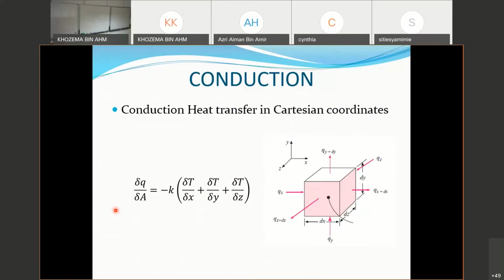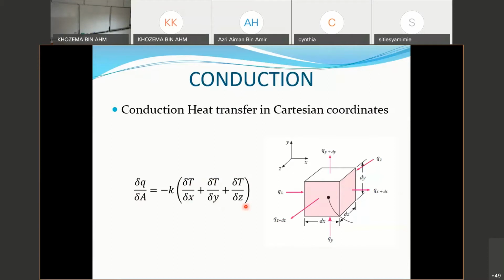So the previous law just now, this is the general equation for heat transfer in the Cartesian coordinates. So dq over dA, q is again our heat transfer, A is our area, K is our thermal conductivity, and dT over dx is how much temperature changes in the x direction. dT over dy is how much temperature changes in the y direction, and dT over dz is how much temperature changes in the z direction.